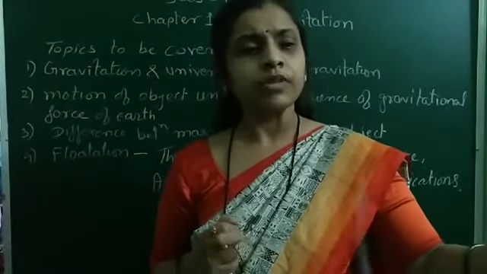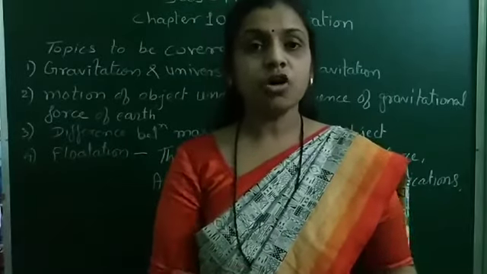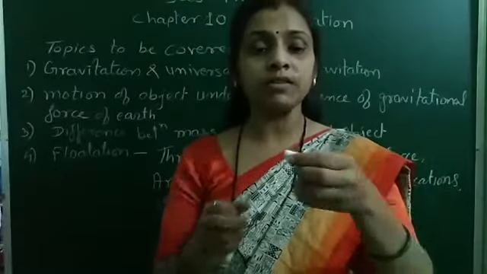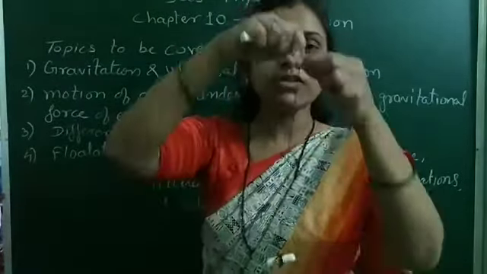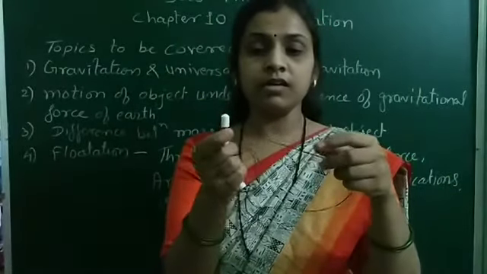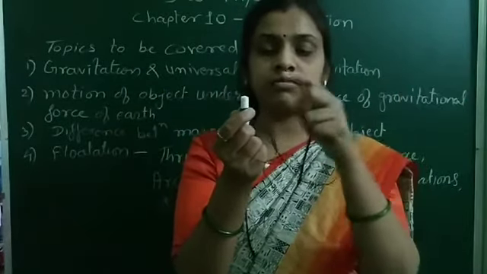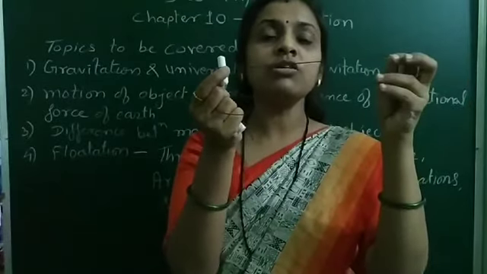So as we move the stone or the chalk in a circular orbit, the chalk moves in a circular path. Why does this chalk move in a circular path? Because there is a force exerted by our hand through this thread towards the chalk. The connection between our hand and the chalk is only the thread.